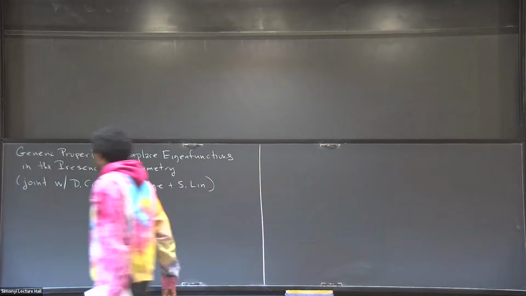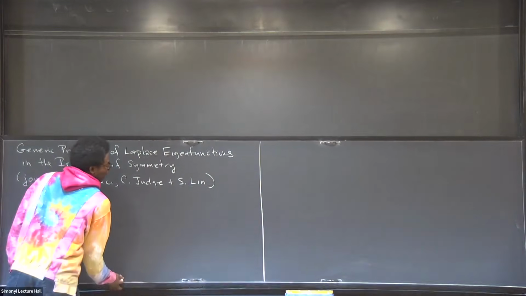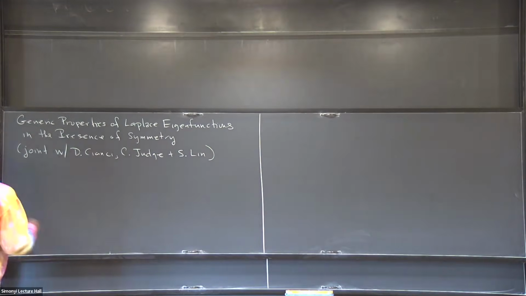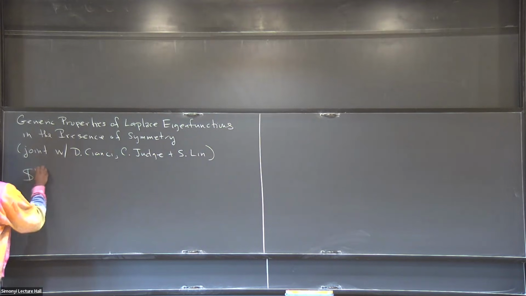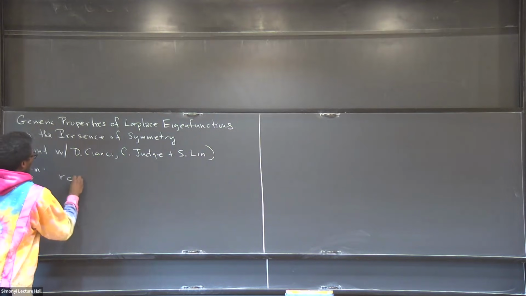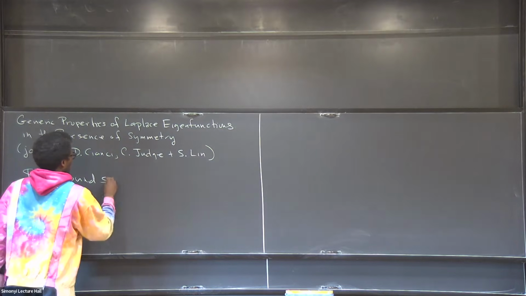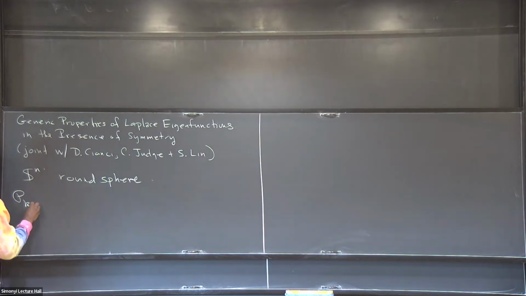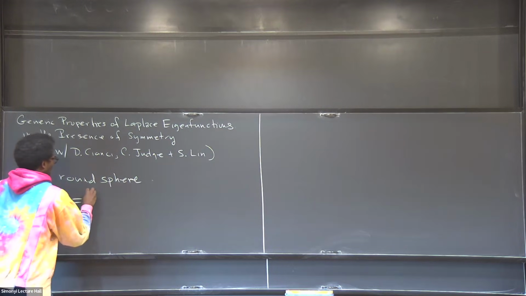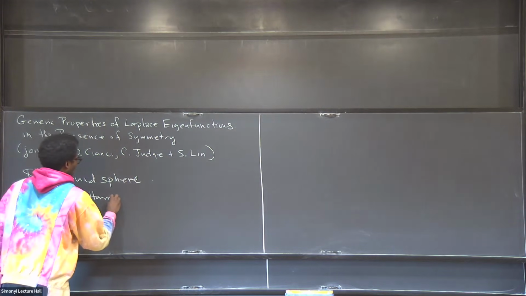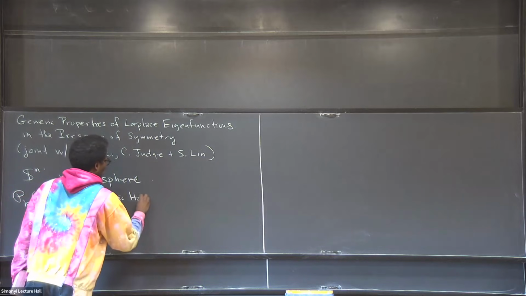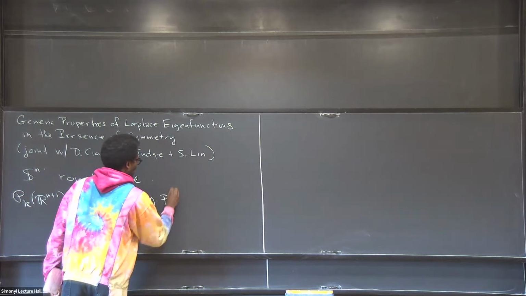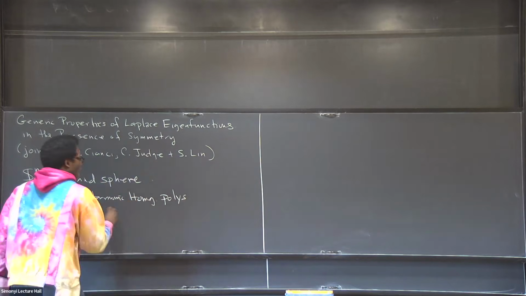In some cases you can actually do things quite explicitly. Let's say we let S^n be the round sphere, and for every integer k, I let P sub k of R^(n+1) be the space of harmonic homogeneous polynomials of degree k.